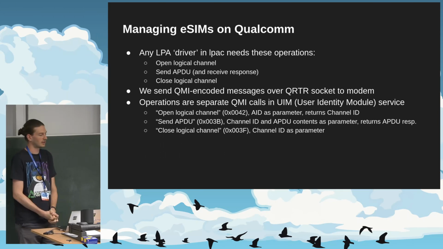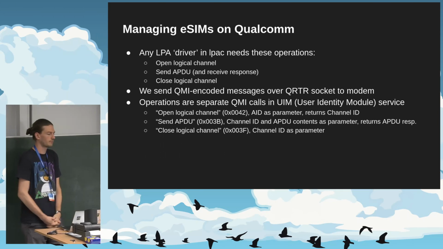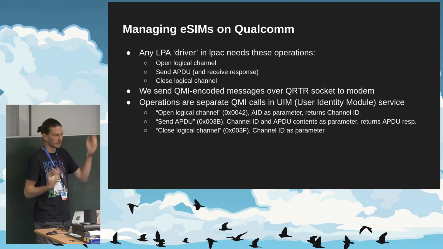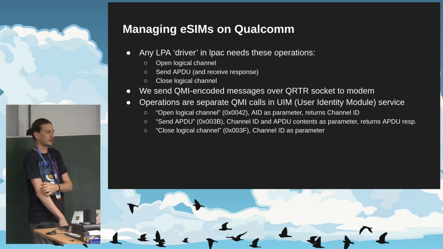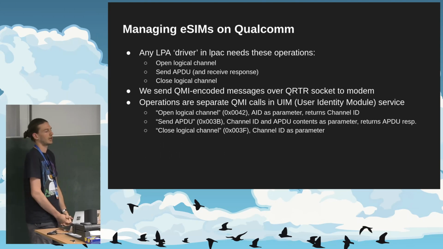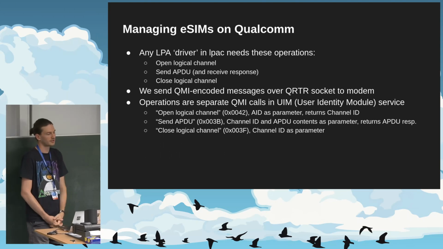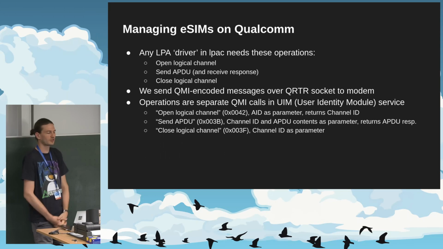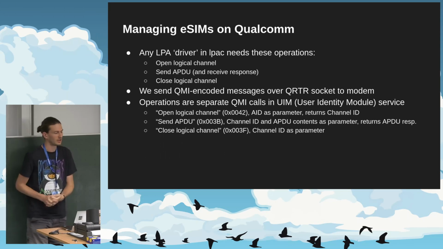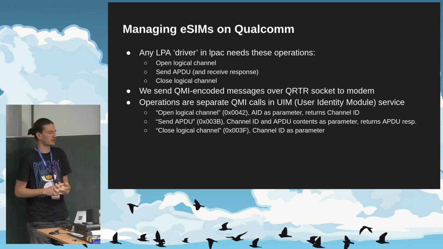So for these QMI calls, without having any source code for this, you won't know which format these QMI calls are in, like open logical channel, send APDU, and close logical channel. But fortunately, Chromium OS already has an open source, or at least reasonably open source, implementation of a local profile assistant, and they have actually already implemented at least two of these three operations in there.